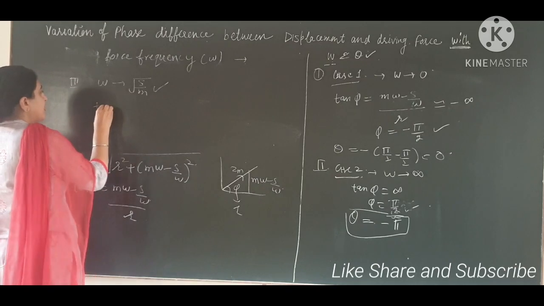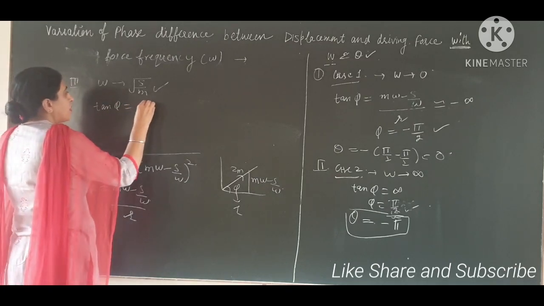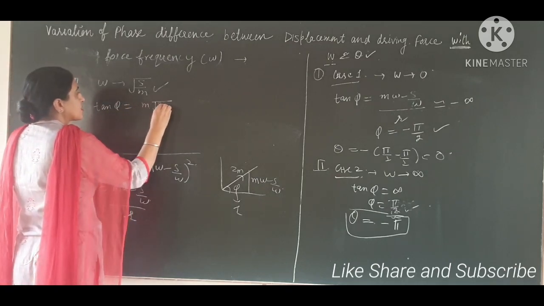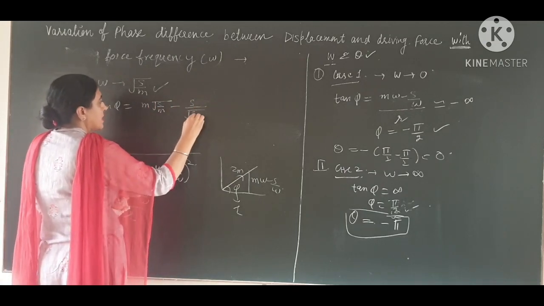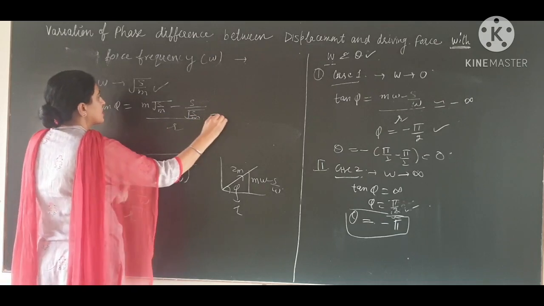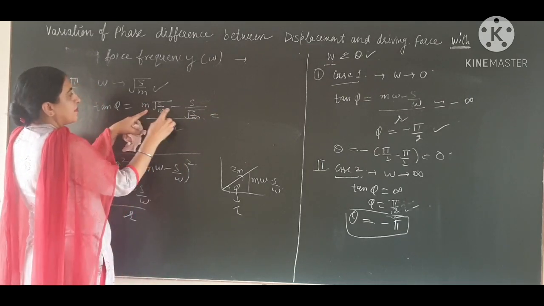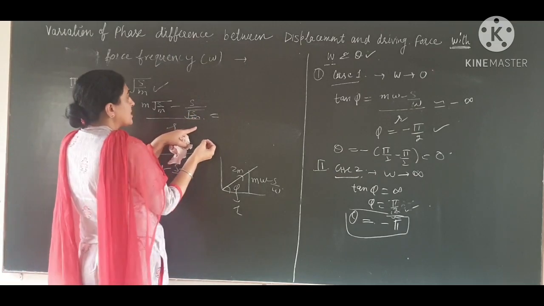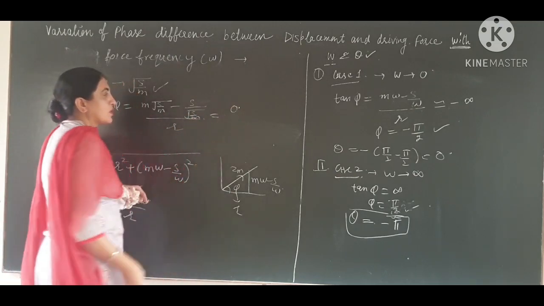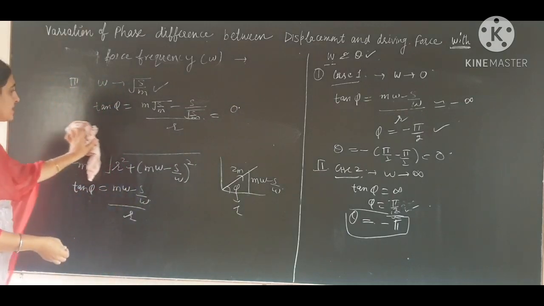So tan phi is equal to m omega minus s over omega, divided by r. M omega means under root s over m, minus s over under root s over m, divided by r. So this is under root sm minus under root sm, and this becomes 0.